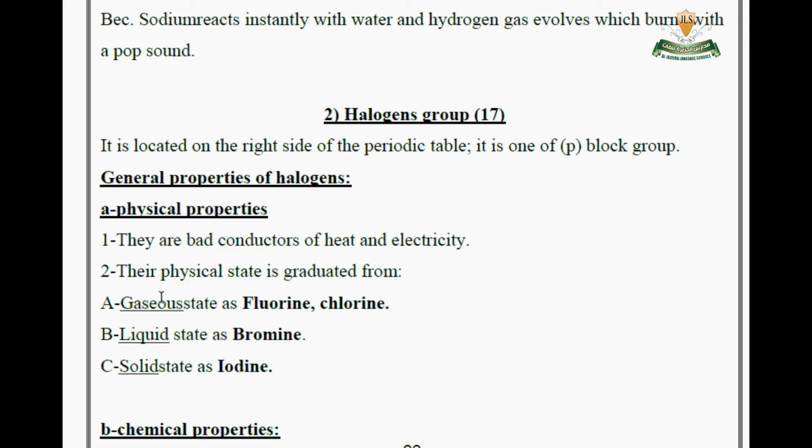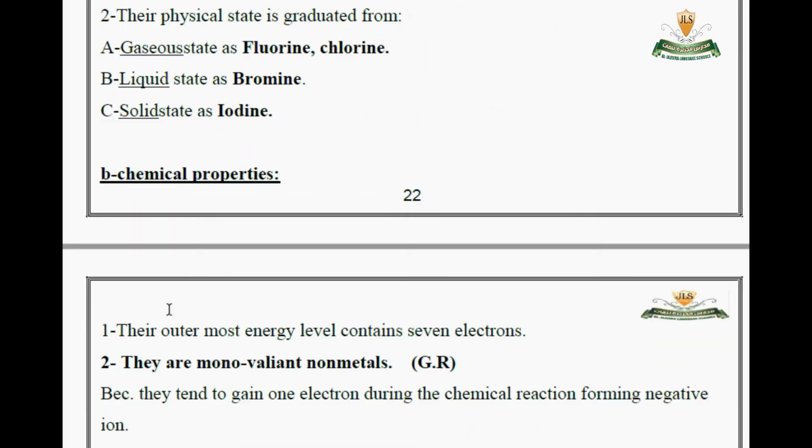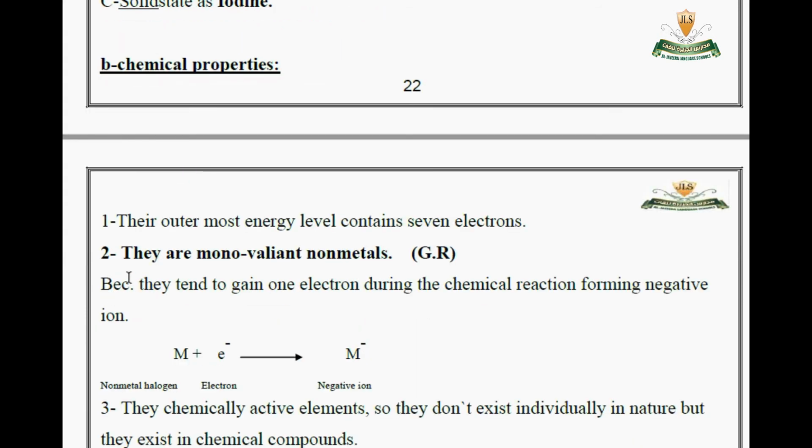Their physical state varies from gaseous as fluorine and chlorine, liquid as bromine, to solid as iodine. The chemical properties: the outermost energy level contains 7 electrons, so they are monovalent non-metals.